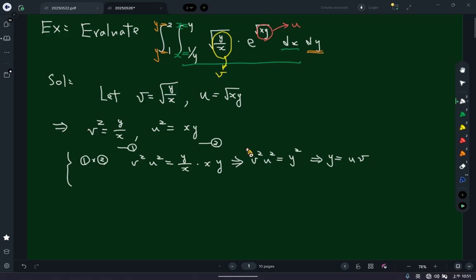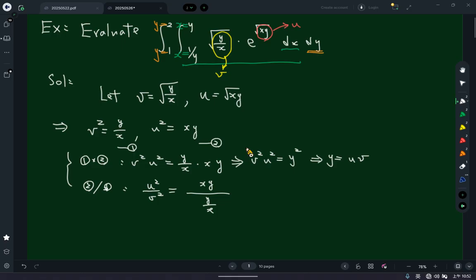And following a similar rule, we use 2 divided by 1. What will happen? 2 over 1 is u squared over v squared on the left-hand side.